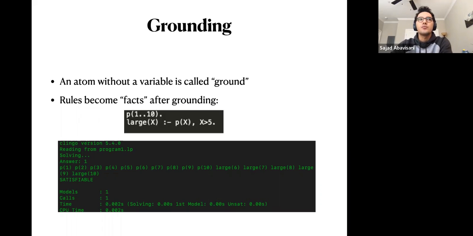So like here, P1 through 10, we saw this example for our facts, but the next one is a rule and has a variable, and that is not considered a fact unless it's grounded and we assign numbers to that X, which is 6, 7, 8. So grounding is just turning that rule into those facts, and then on top of that, the solver will solve the stable model for us.